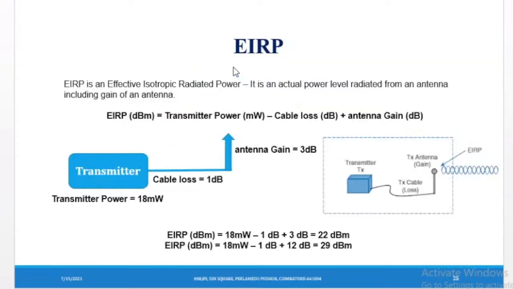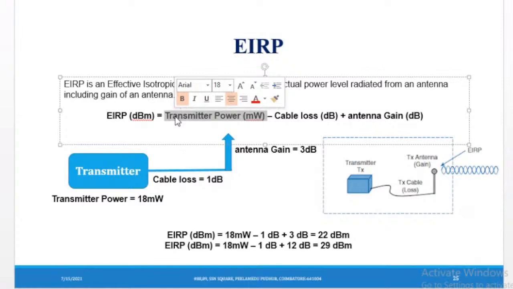Okay. Then EIRP. We already know what EIRP is: effective isotropic radiated power, nothing but the power level of my gateway. So how do we calculate the power level of the gateway? My transmitting power is set to a maximum of 18 milliwatt for my gateway.